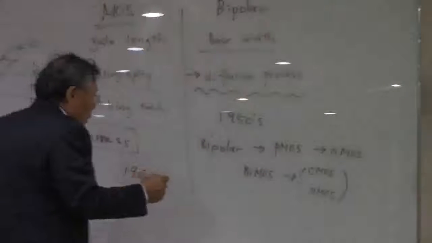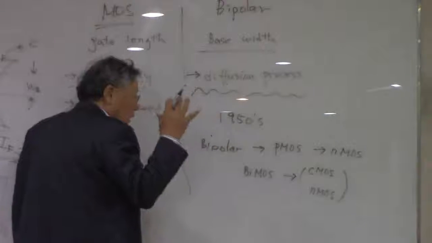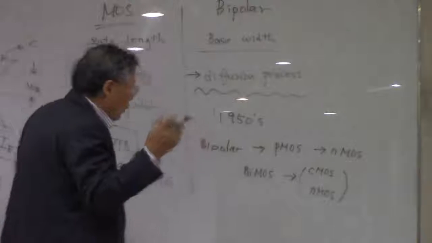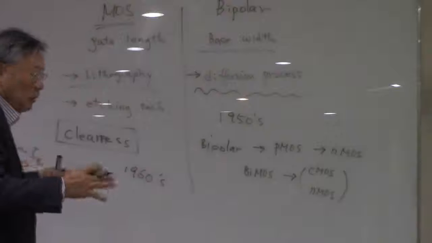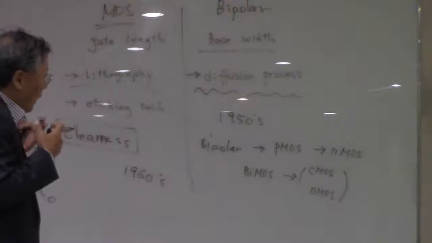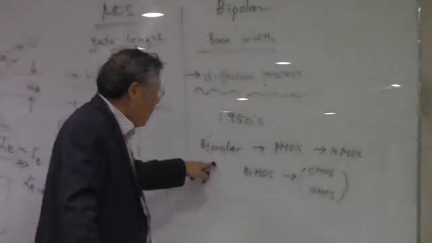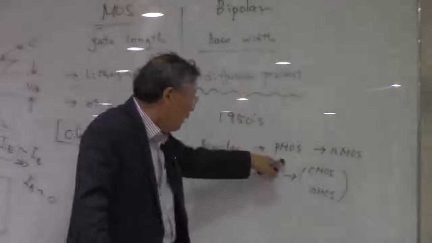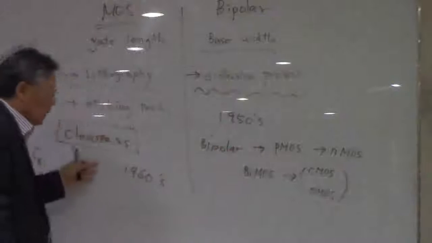And I told you that the transistor idea has been established in the MOS transistors, but the industry had to make the bipolar first ahead of MOS because of the technology difficulties.